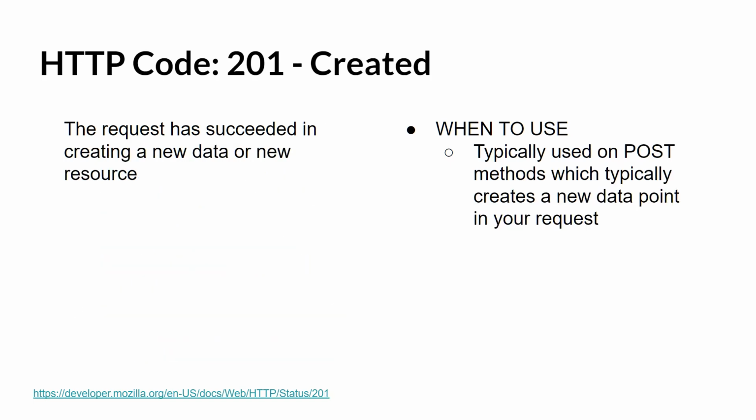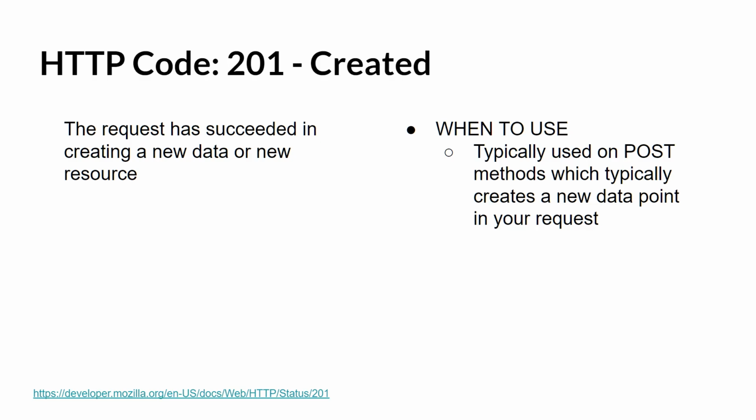Now, if you want a more nuanced successful response, you can use 201, if the request has succeeded in creating a new data or new resource. It is typically used on the POST method, which typically creates a new data point.